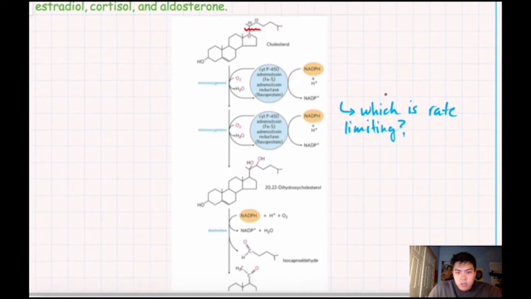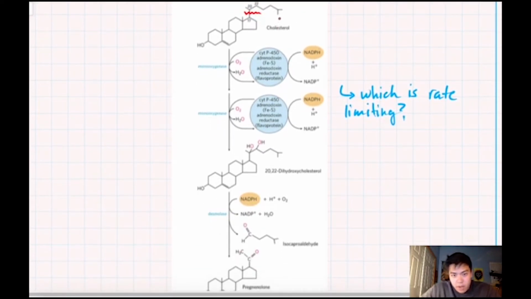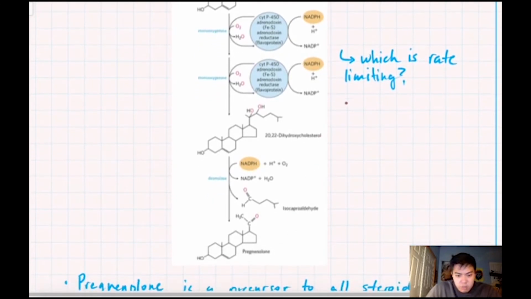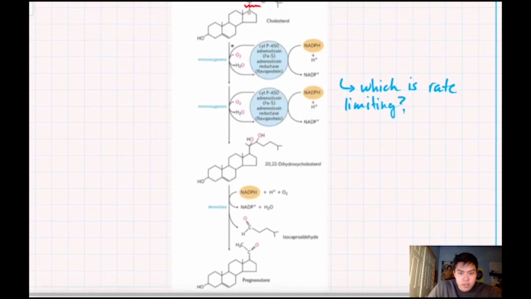Okay, so in the textbook, it provides us the pathway from cholesterol to pregnenolone. Essentially, you're just going to use a monooxygenase twice, with a cytochrome P450. We talked about this in one of our previous videos. I'm not going to get into it here, but this is important in a lot of oxidation reduction reactions. This cytochrome group right here.